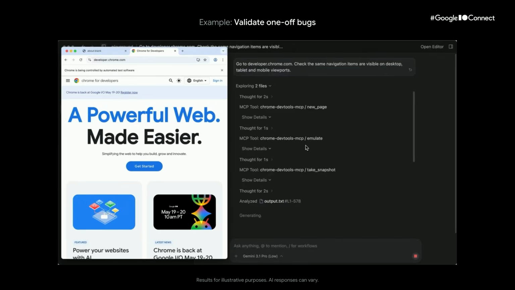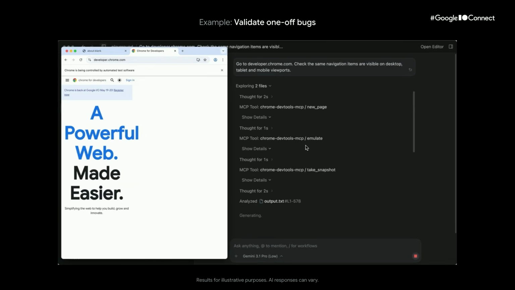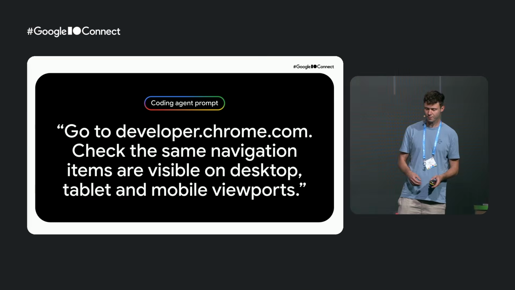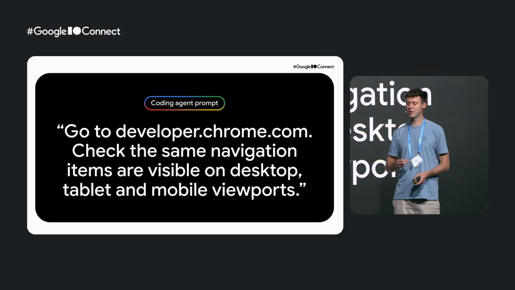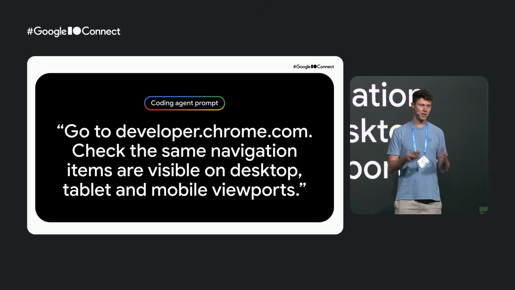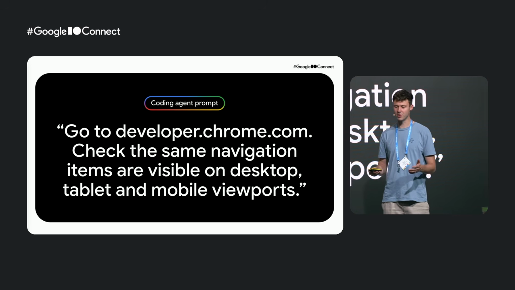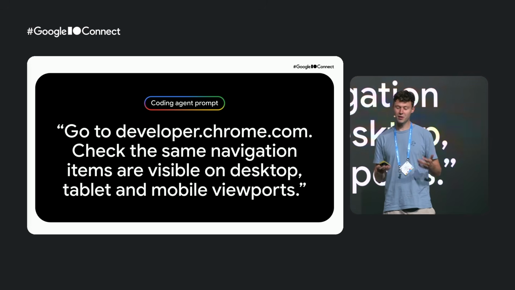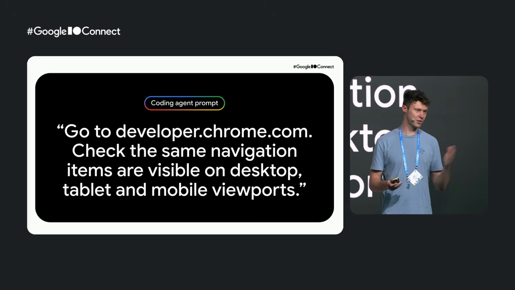The same for navigation items are present across all 3 viewports, and so on. So with this prompt, I could fully automate a testing journey across 3 viewports and nested menus, including interactions, sparing me all manual work and the back and forth to actually remind myself of what I just saw.